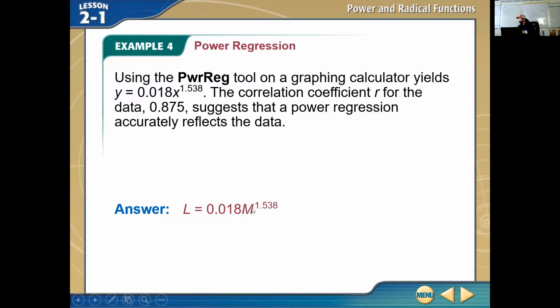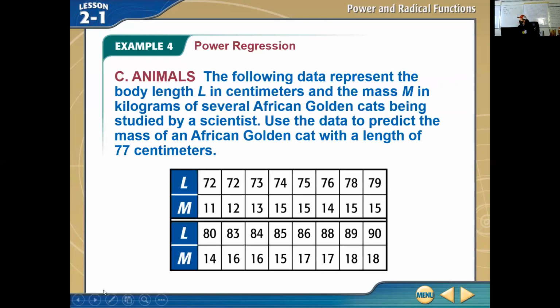So you take 77 to the 1.538, times it by 0.018, and you would get your mass. You could do that algebraically by plugging it in. Graphing calculator makes it much easier because you can use the trace function after you have entered the power function into Y1. And once again, that's how you enter in graphs.